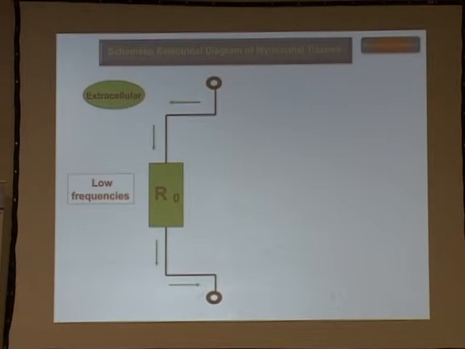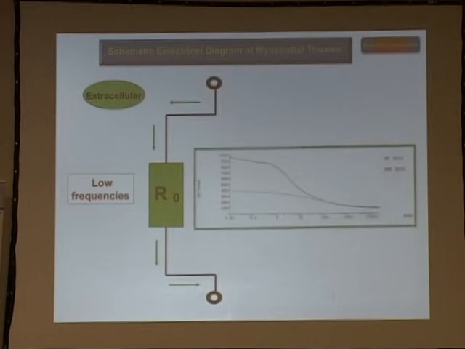How can we prove this? Very easily. If we measure the ohm resistance at low frequencies, here you see at the beginning, after 25 minutes of ischemia, and after 2 hours or 200 minutes of ischemia, there is a big change of the real resistance.